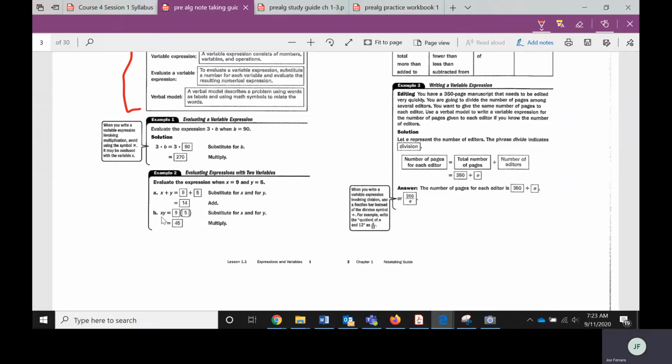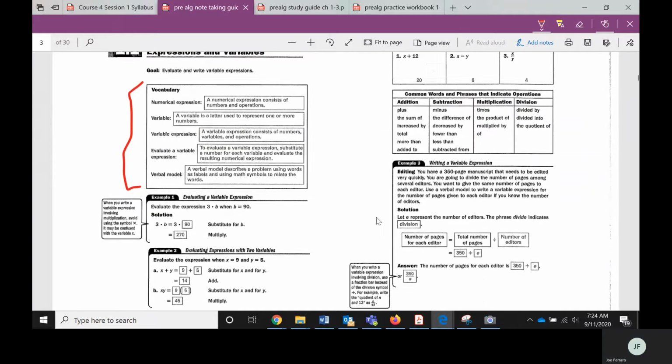So anytime there's either two variables next to each other, or it can even be a number next to a variable, that means multiplication. So here they put the 9 in for x, the 5 in for y, and now instead of writing either an x or a dot, they use parentheses. So when two things are next to each other in parentheses, that means multiplication. So that's another way of writing multiplication. So here they just go 9 times 5 is 45.